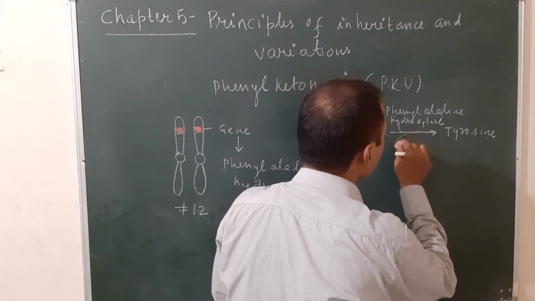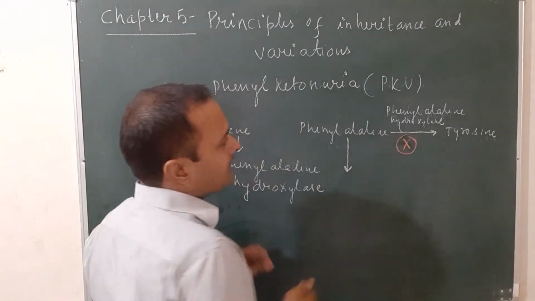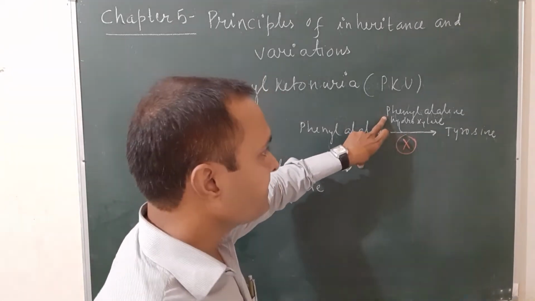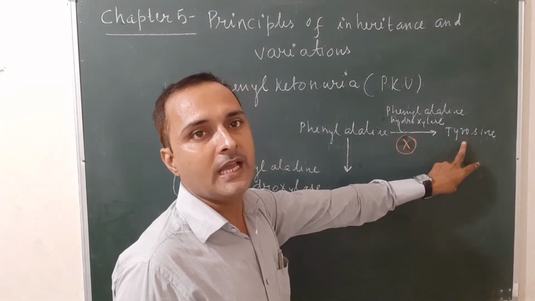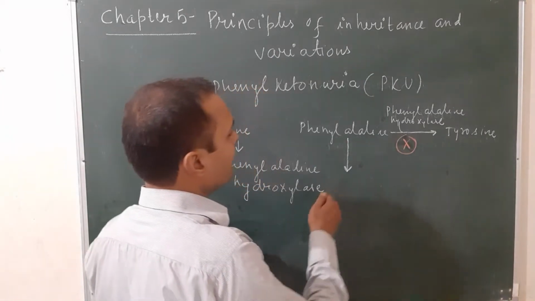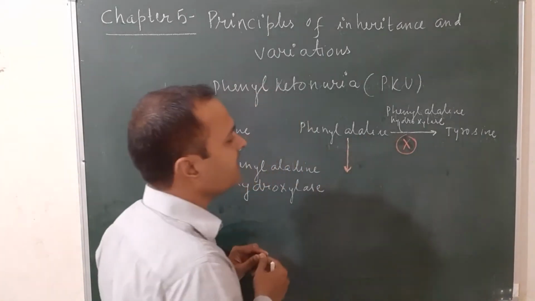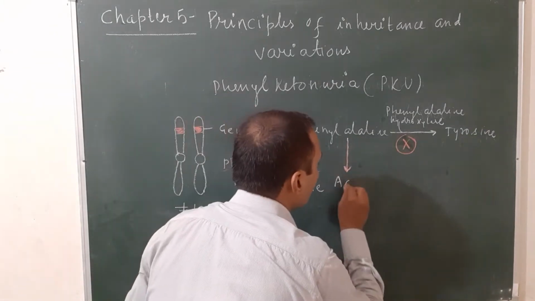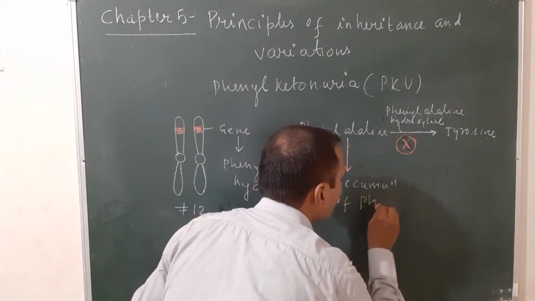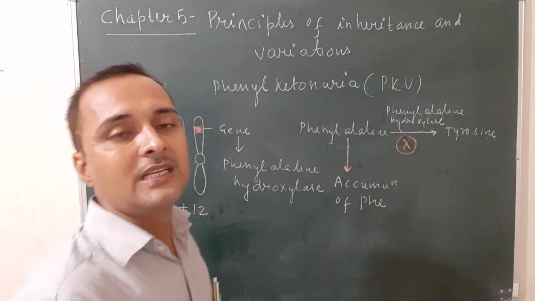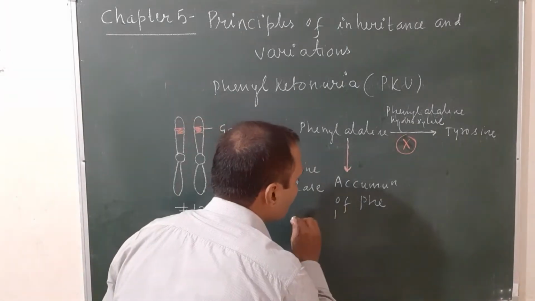As a result, there is accumulation of phenylalanine in the human body, and that causes various phenotypic effects. It causes three phenotypic effects.